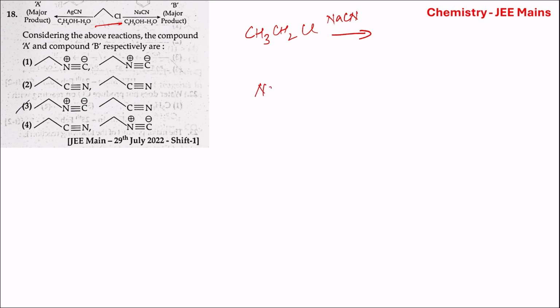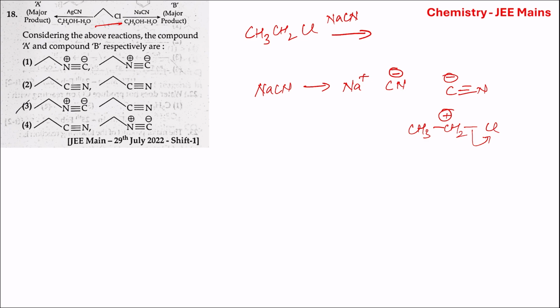Now NaCN is ionic compound. So it will break into Na+ and CN- ions, and CN- ion will have the negative charge on the carbon atom, and in CH3CH2Cl, the carbon-chlorine bond will break, giving positive charge on the carbon atom.